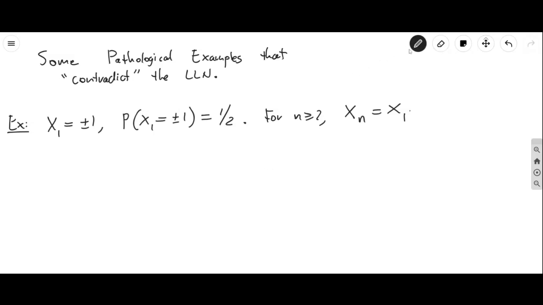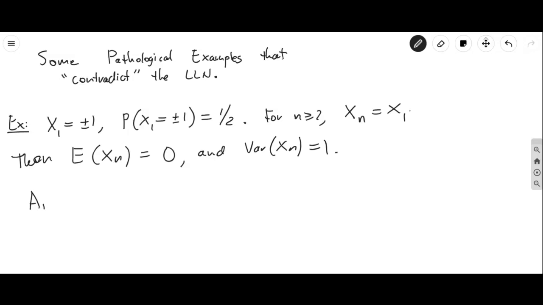Okay, so what happens next? The expectation of each xn would be 0, and the variance of each xn is 1. So at least the variance condition is satisfied. But of course, we are violating independence.